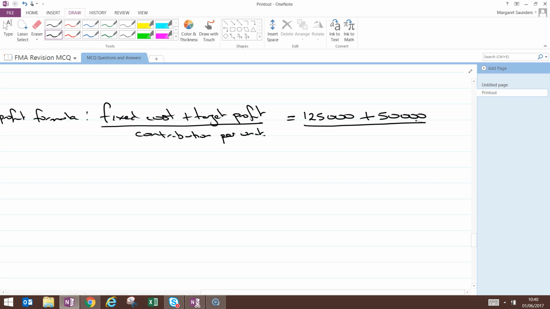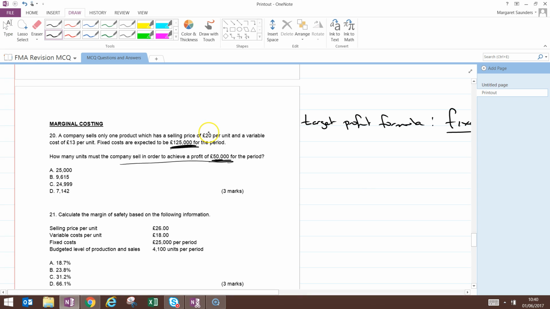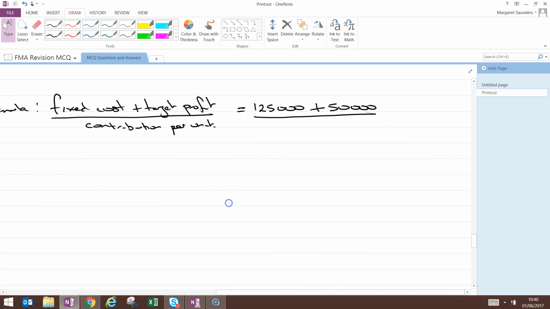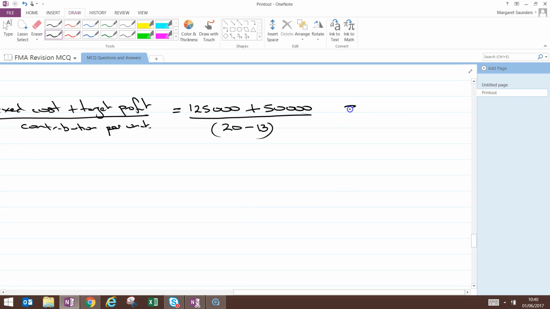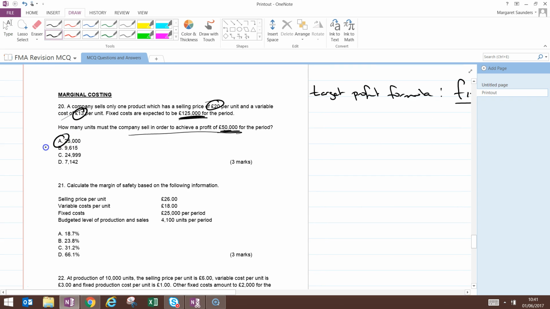And to work out your contribution per unit, it is your selling price, £20, minus your variable costs of 13. So divide it by 20 minus 13. And that comes to 25,000 units. So to achieve the target profit, we need to sell 25,000 units, which is answer A.